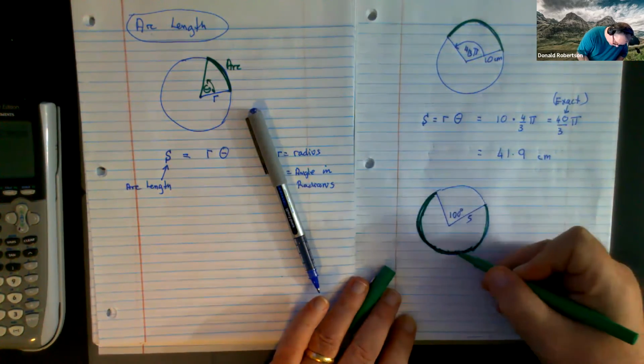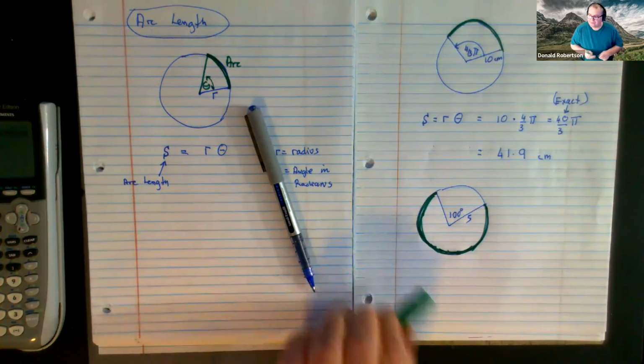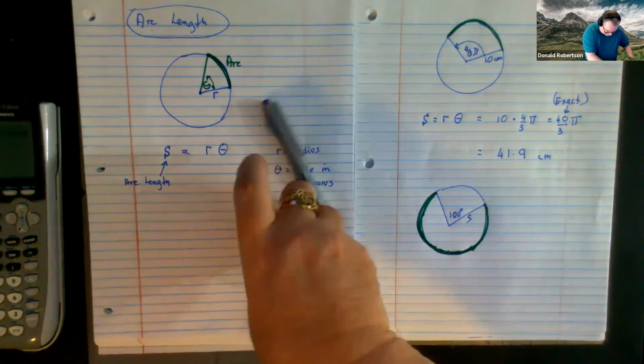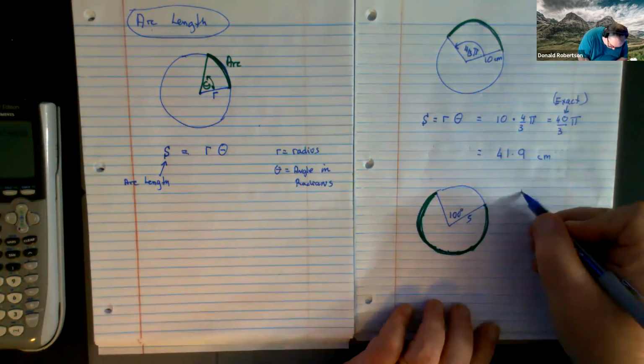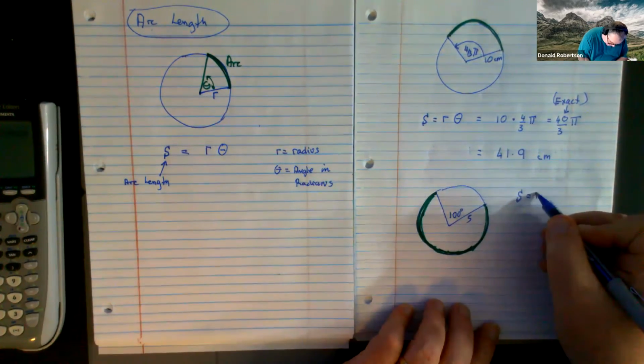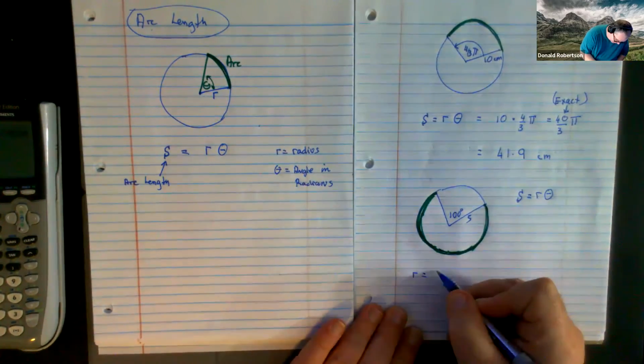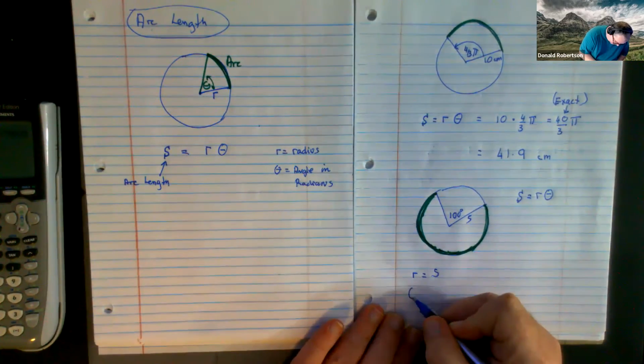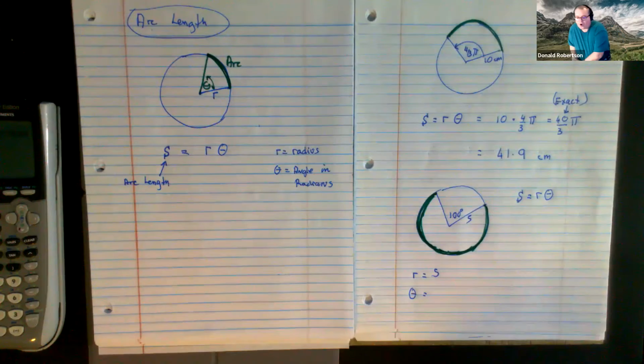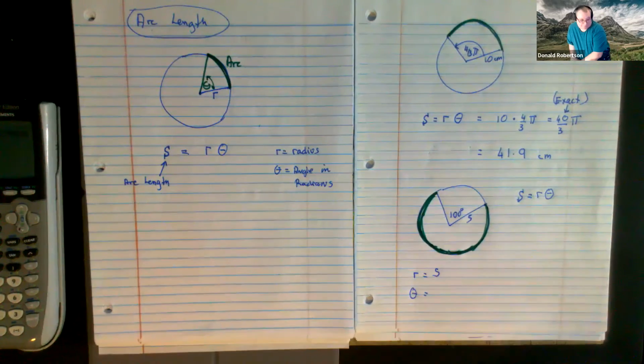Now the formula does not change, but there are 2 problems. The first one isn't really a problem. Here is the major problem. What angle should I be using for this question based on the picture in front of you?